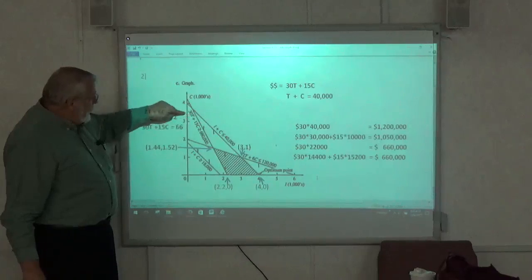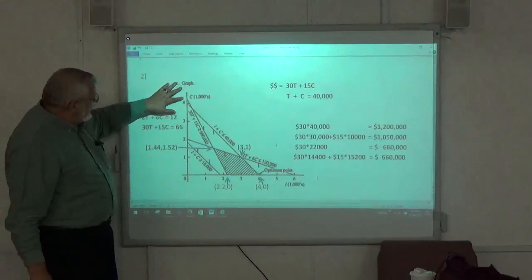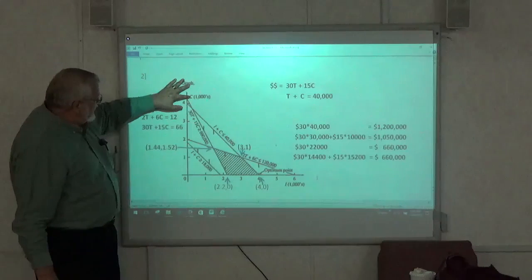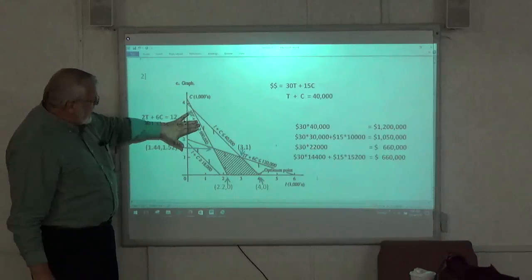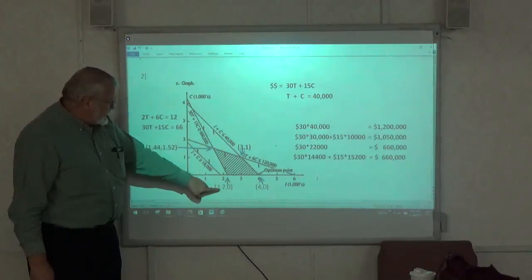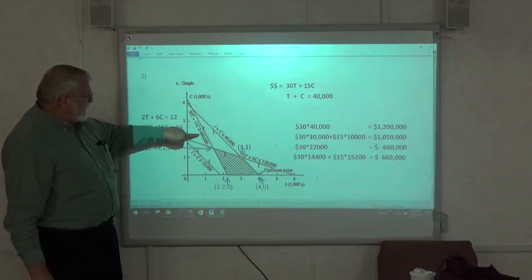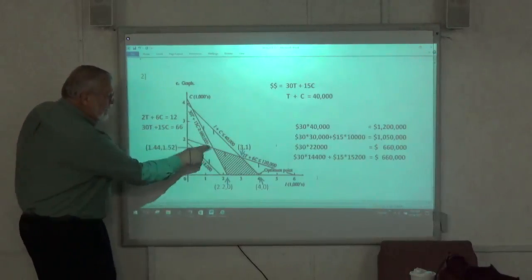And so when the California, is this California? Yeah, this is C, right? So when the California is at 0, I have 30t is equal to 66, and that's going to give me 2.2, because 2.2 times 30 is going to be 66. So that's another point. How do I find this point?